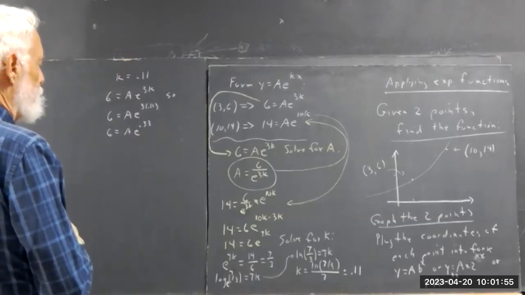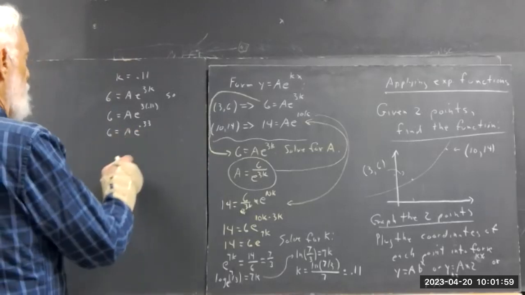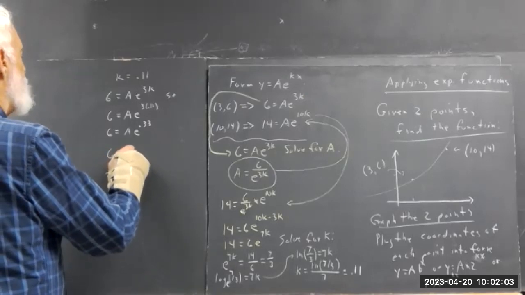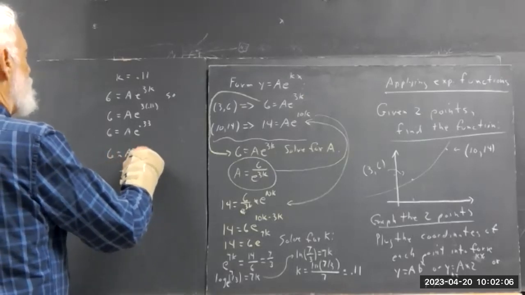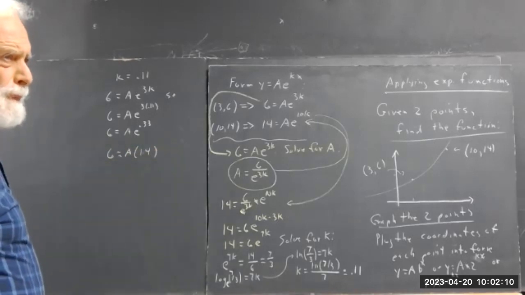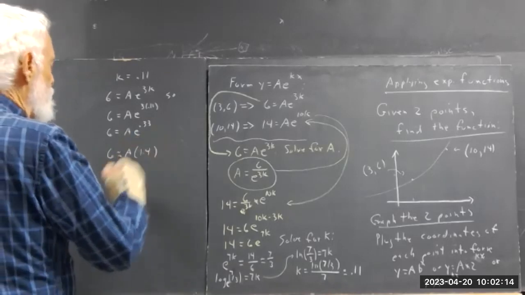I'm going to say that e to the 0.33 is about 1.4. Probably around 1.4, 1.5, 1.4, maybe even just 1.3.